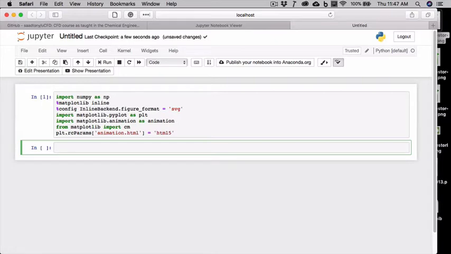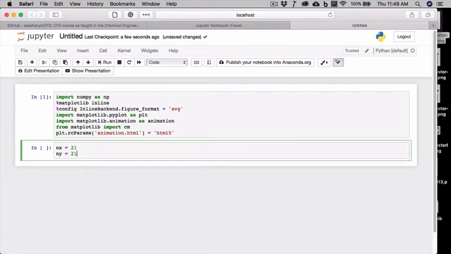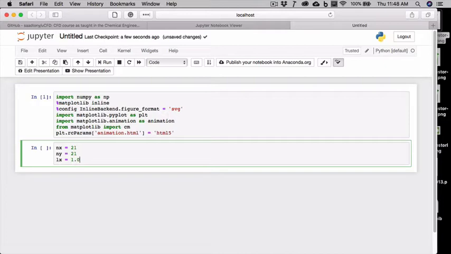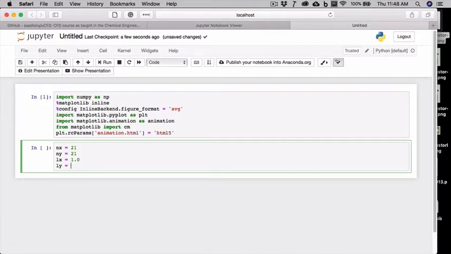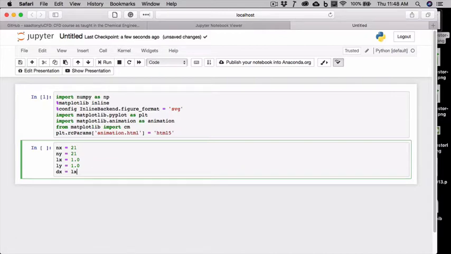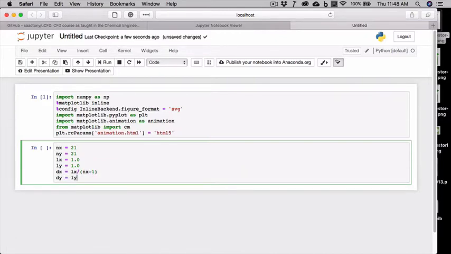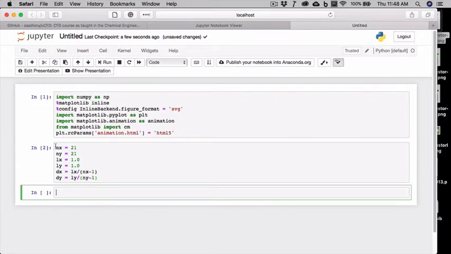And so let's do the following. Let's start with nx, I don't know, 21 points, and ny is 21 points. Lx is 1, Ly is 1, dx is Lx over nx minus 1, and dy is Ly over ny minus 1. Okay? So domain specs, I guess.